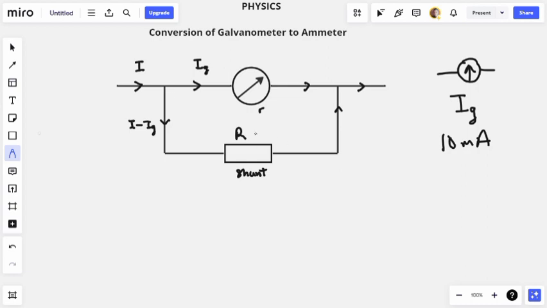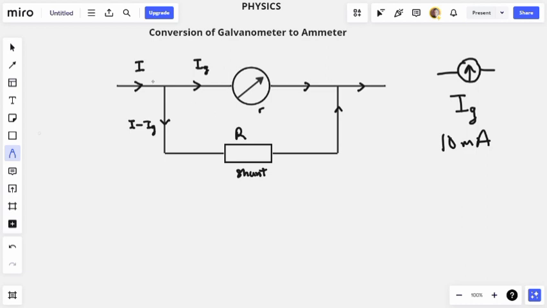However, voltage remains the same across each branch of the parallel connection. So I here, without a subscript, is the actual current that we want to measure, the range of current that we want our ammeter to measure.